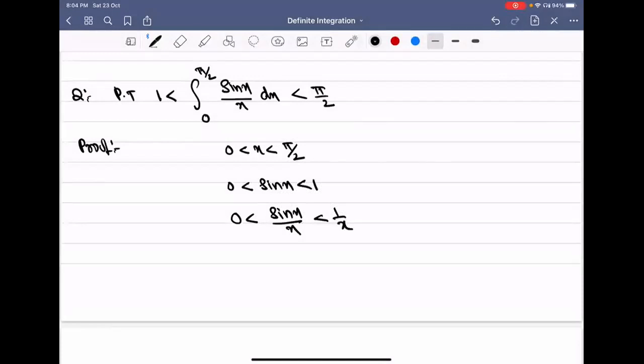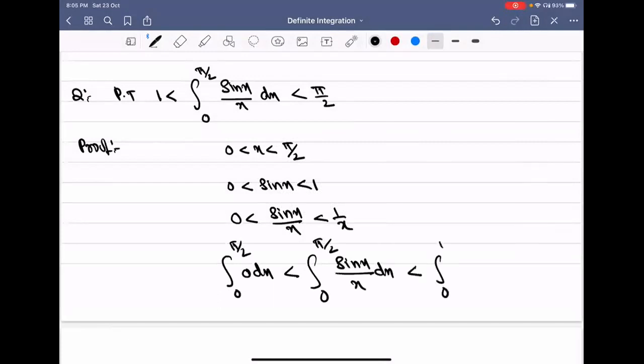Now if we integrate it both sides in between the limits 0 to pi by 2. So integration of 0 to pi by 2, 0 dx is less than integration of 0 to pi by 2 sin x by x dx less than integration of 0 to pi by 2 1 by x dx.